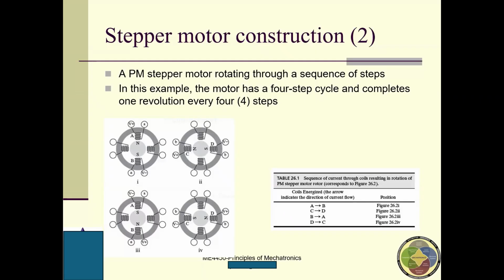In the next instant, I de-energize these two, but I energize these two. The same thing again, you use the right-hand rule. This is the cathode, this is the anode.